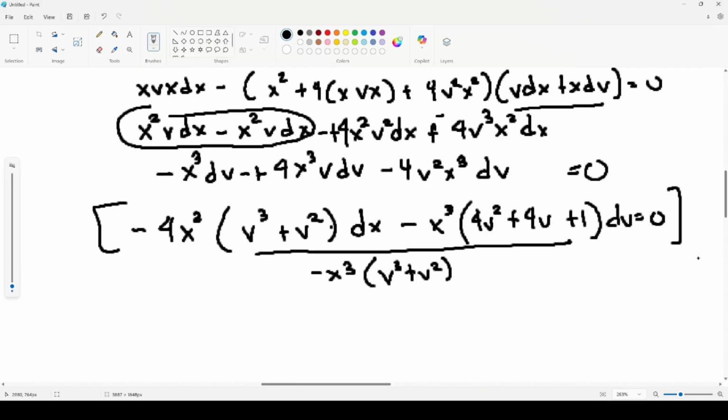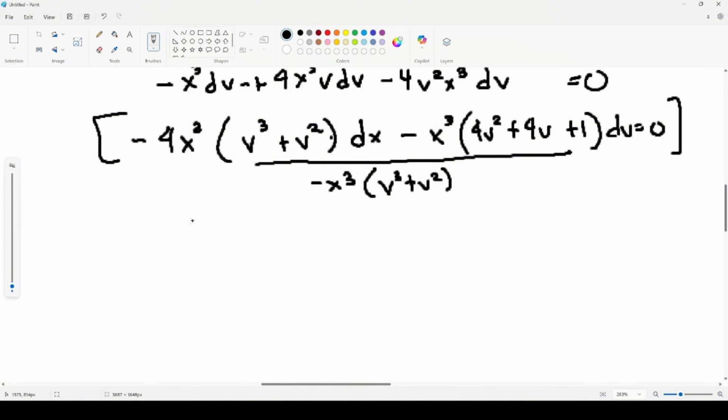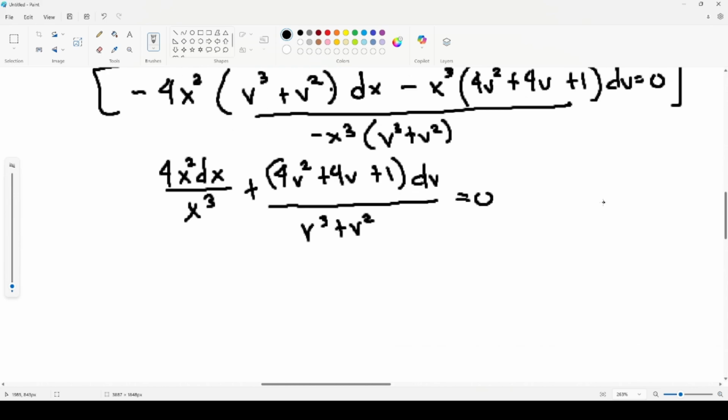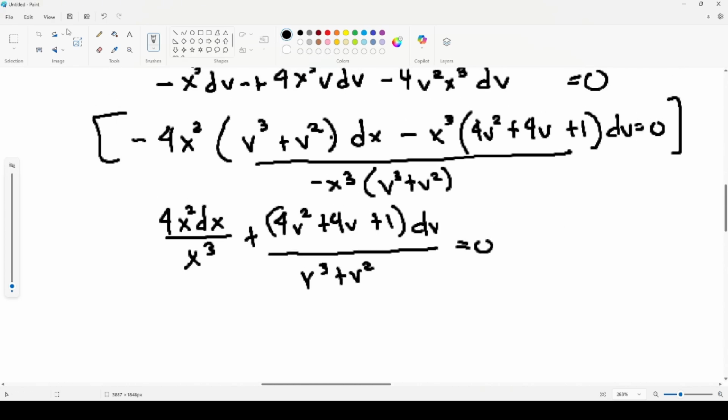So that becomes 4 x squared dx over x cubed plus (4v squared plus 4v plus 1) dv over (v cubed plus v squared). Now we have our fraction, but we cannot integrate further, so we do partial fraction.